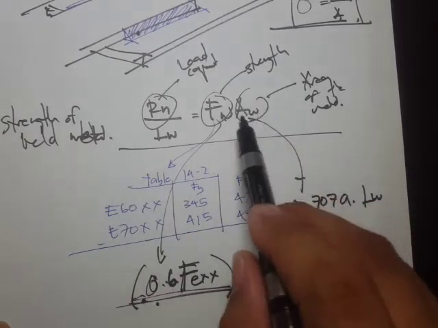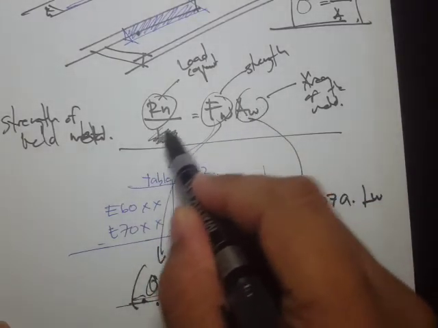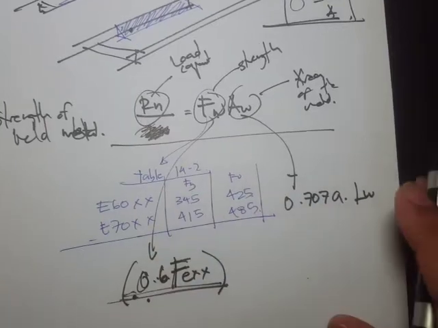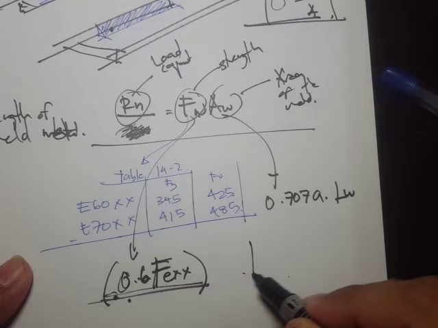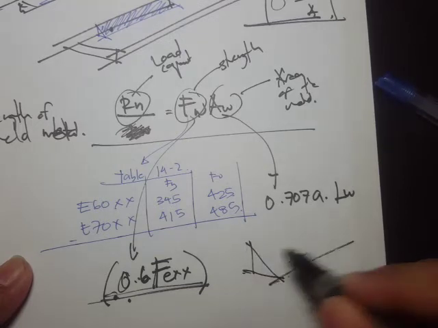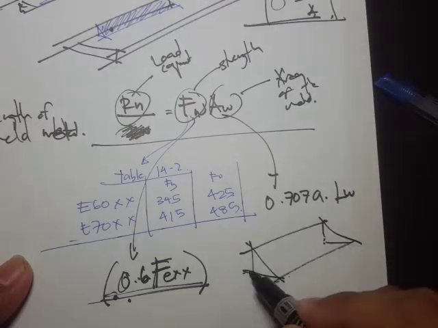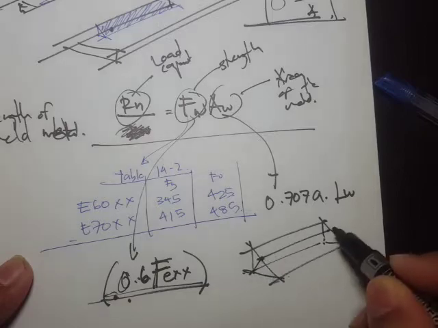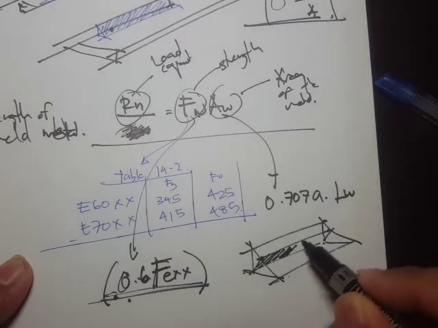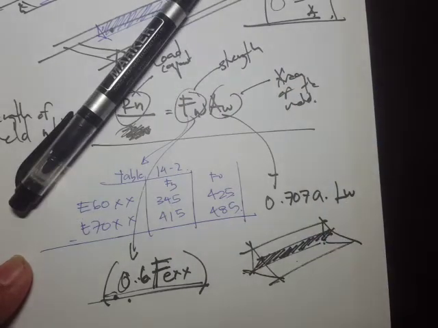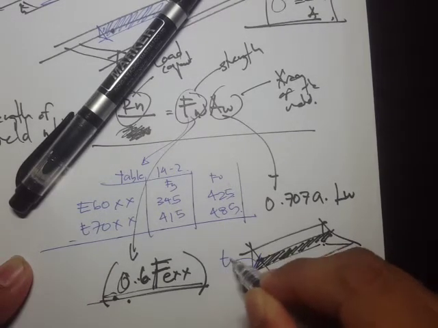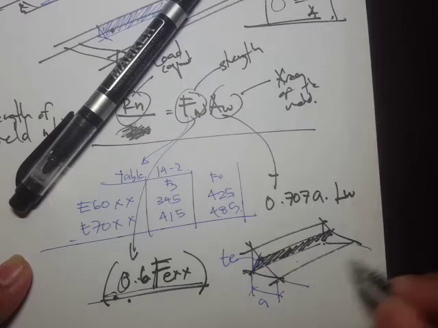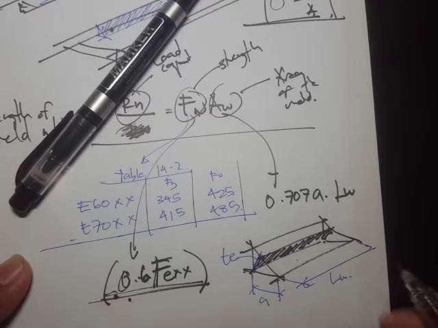Sorry, if this is the area, then this should not be in terms of length. Okay, so recall that this area is the throat area. This is our A. This distance is our effective throat, and then this is our weld length.